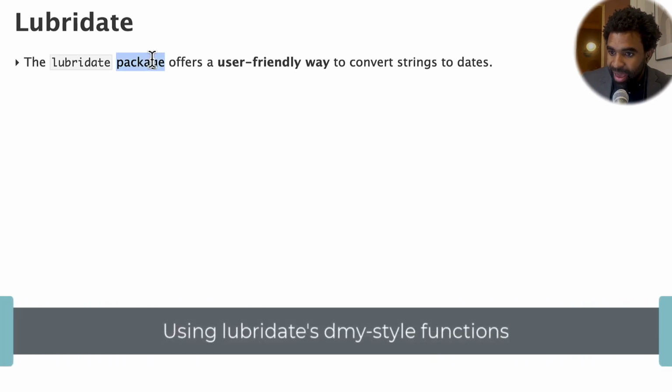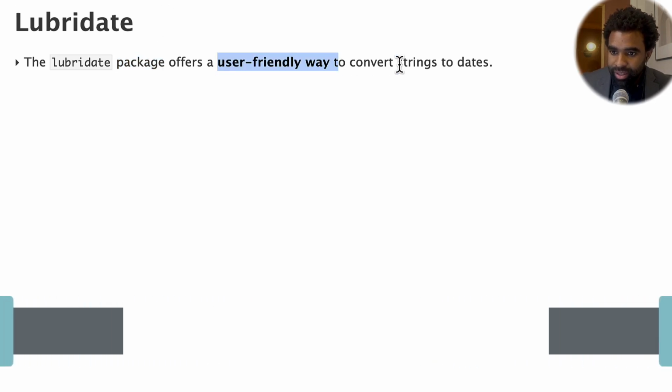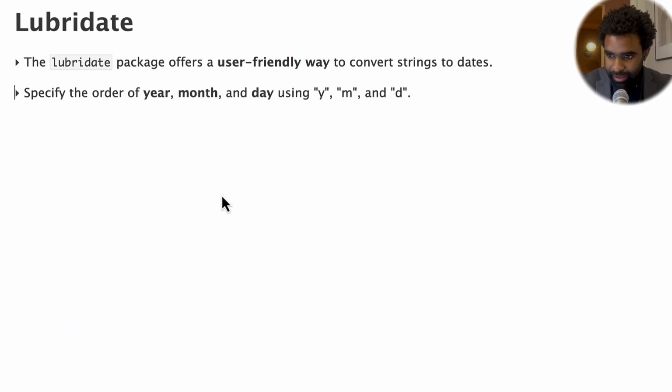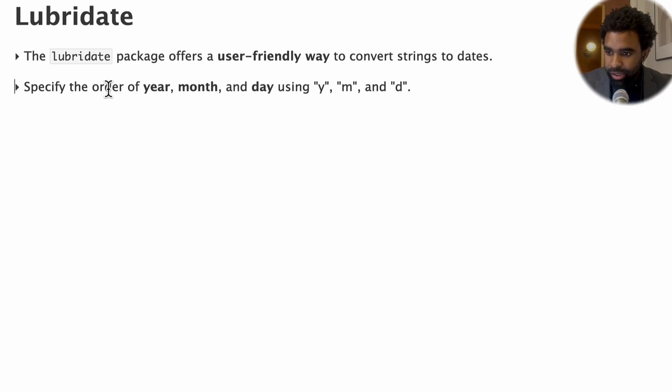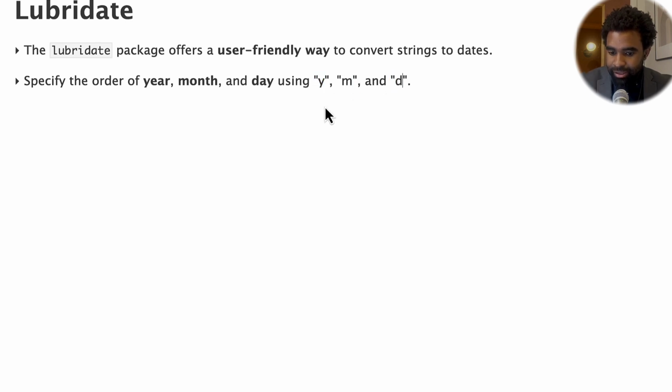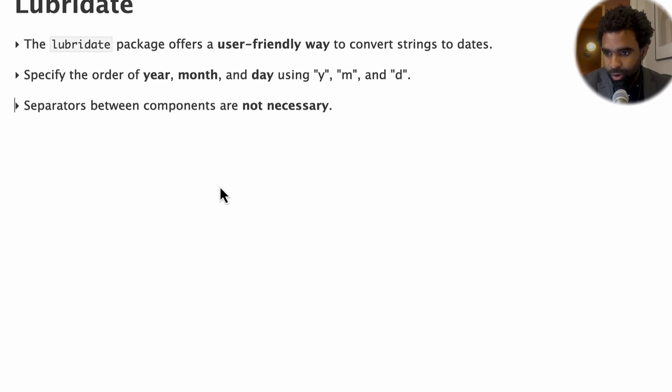Now that we've learned about using as.date to parse dates, let's learn about the other option, which is the lubridate package. So lubridate is a package that offers a user-friendly way to convert strings to dates. And the way it works is pretty simple. All you need to do is specify the order of the year, month, and day using just Y, M, and D. And you'll see it's much simpler than the base format way.